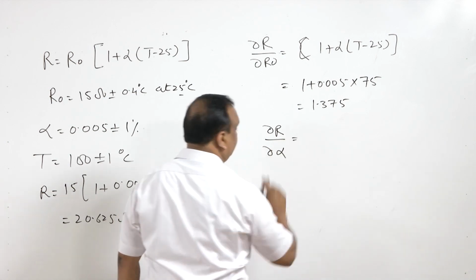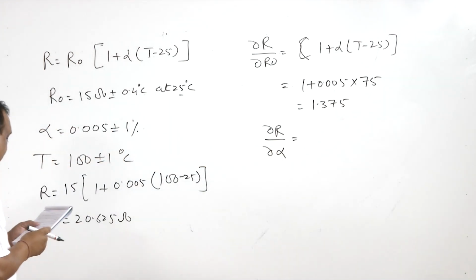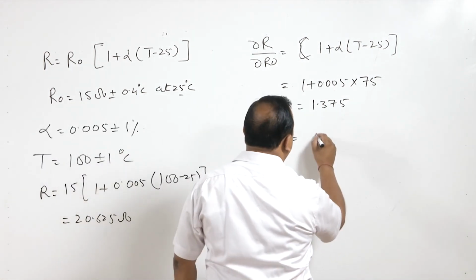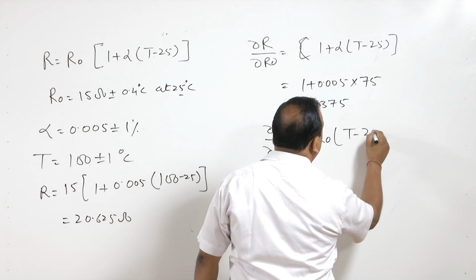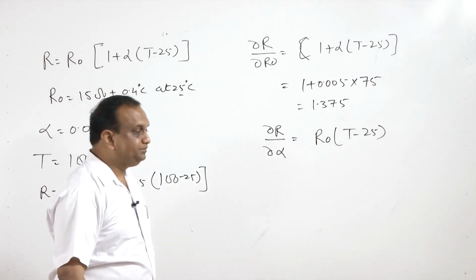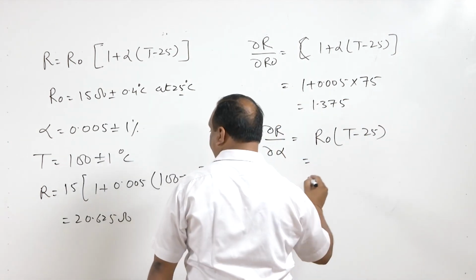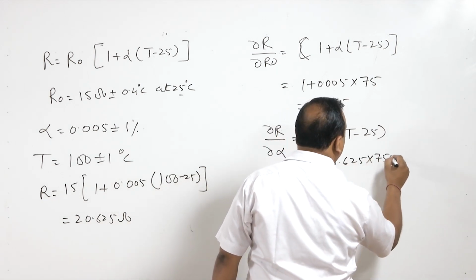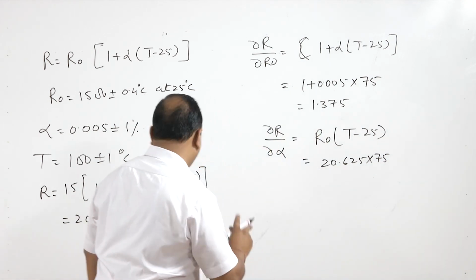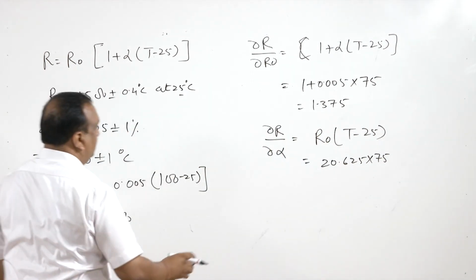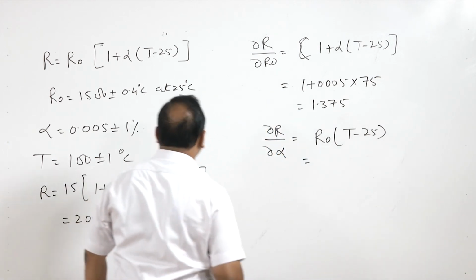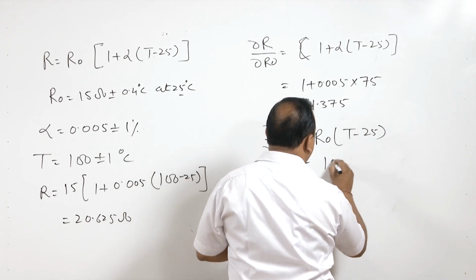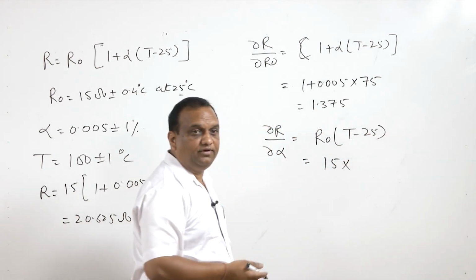Now del R by del alpha. When we are differentiating this with alpha, we will be getting only R0 into T minus 25. So R0 is 15, and T minus 25 is 75.